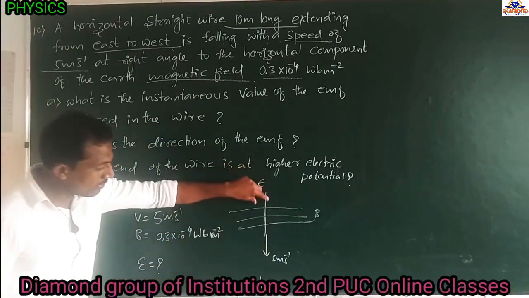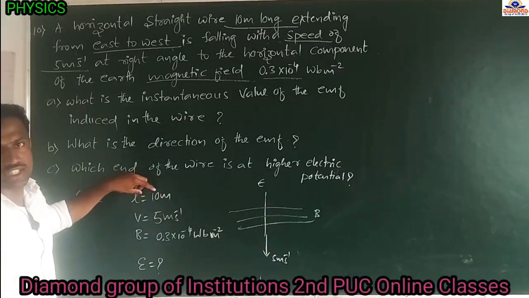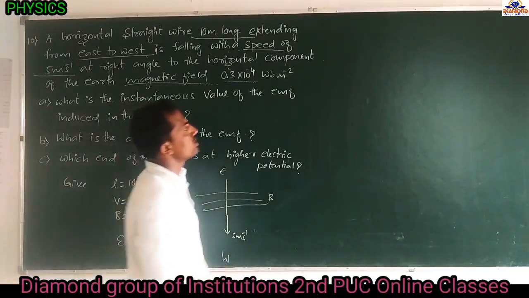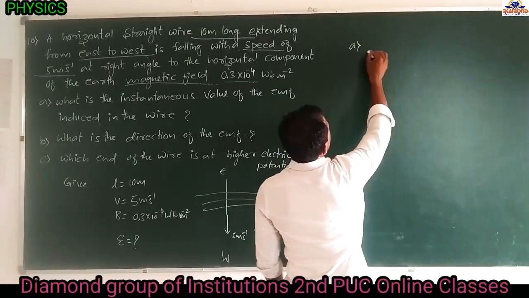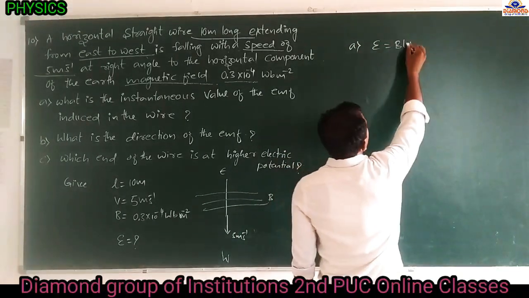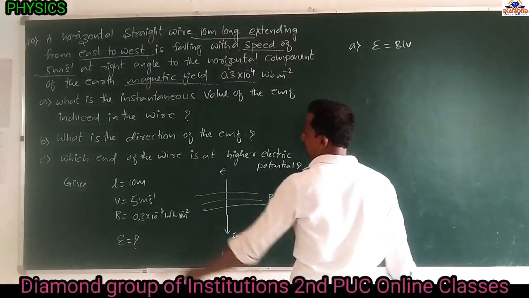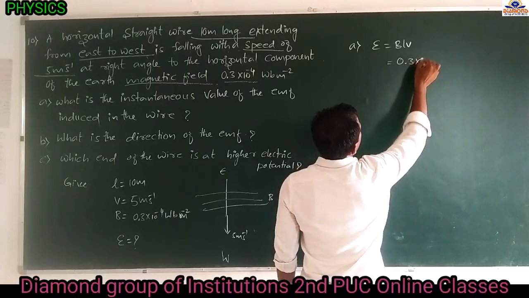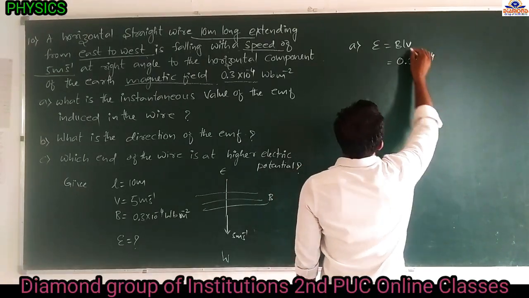Then how much EMF is induced, or the instantaneous EMF? This problem is on the basis of motional EMF. The formula is E equals BLV. B is the magnetic field, given as 0.3 into 10 to the power of minus 4.